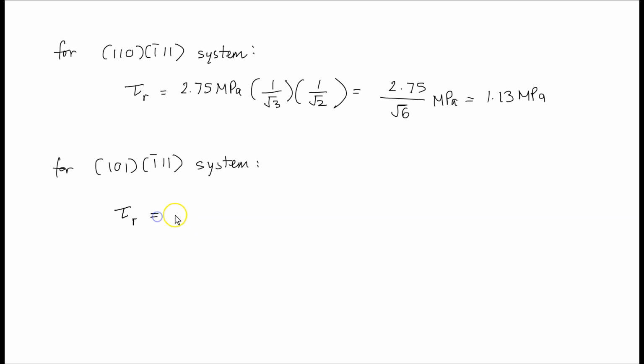The resolved shear stress is 2.75 times cosine lambda, which is 1 over root 3, times the cosine of phi, which is 0. So this equals 0. So this means that we won't experience a slip in this direction, with this system, because the resolved shear stress on the applied force is 0 for that system.